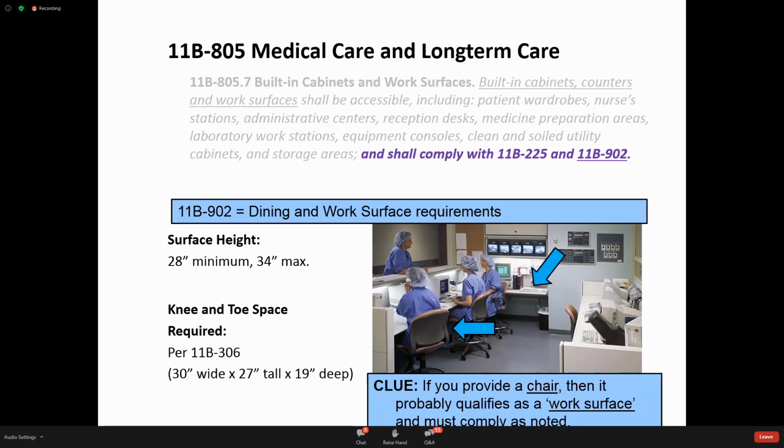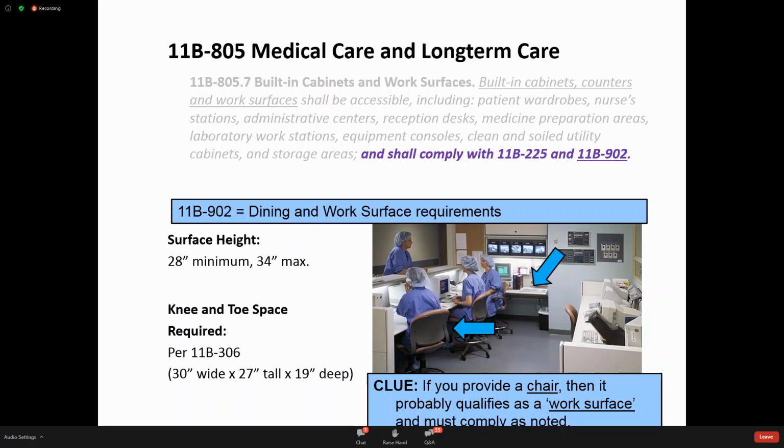The toe depth requirement for a lavatory is 17-inch minimum, 19-inch maximum. If you define it as a sink, it's 19-inch minimum, 25-inch maximum. So are you washing your hands and face at that fixture or something else? That's the best I could do.